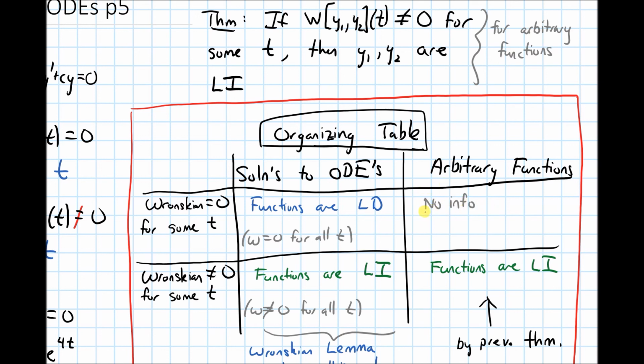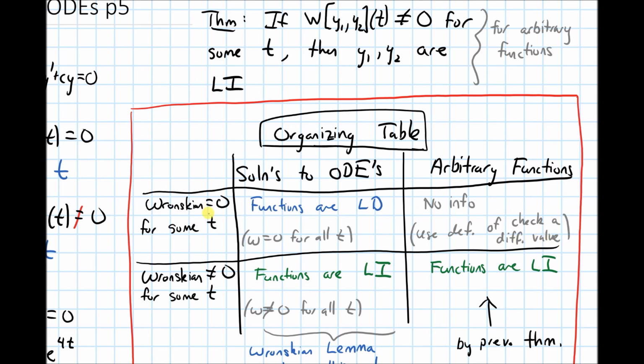That's usually the scenario that we have to be very, very careful of. If there's no information when we plug in this value of t, then we either have to use the definition of linear independence or check a different value.